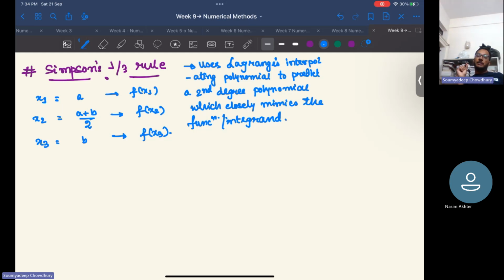However, in each subinterval, we use Lagrange's interpolating polynomial to predict a second degree polynomial, that is a second order polynomial in x, which closely mimics the integrand. Is it clear? Any questions? Yes. Okay.